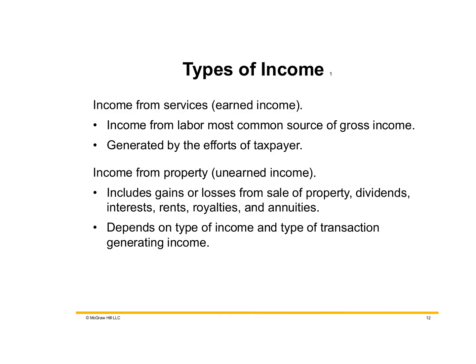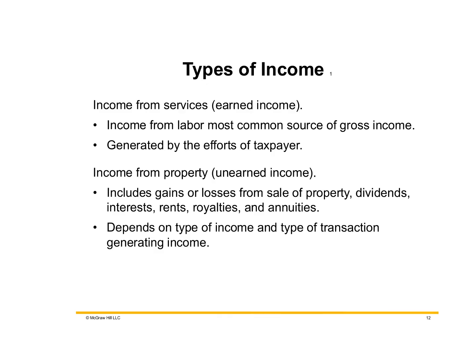So probably the best example of earned income are our wages or our salary that we might get from our job. So something reported on a W-2, for example. The taxpayer had to work to earn that income.